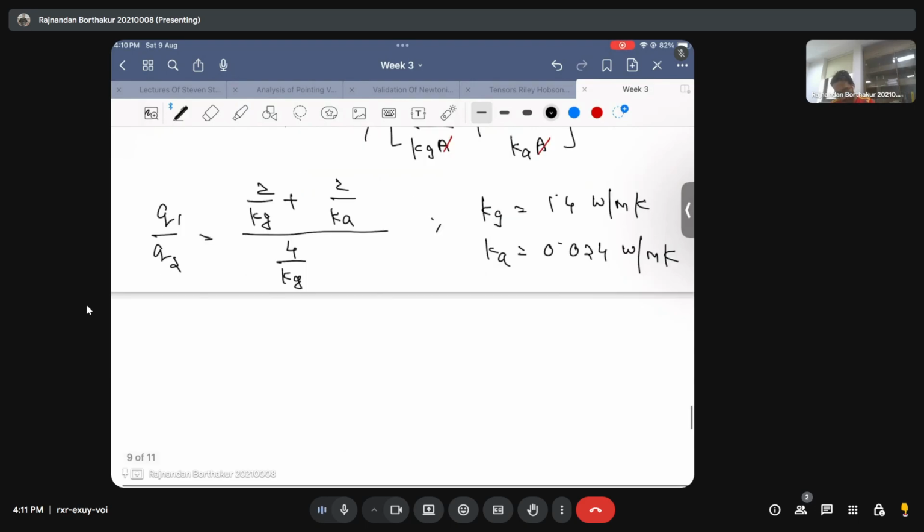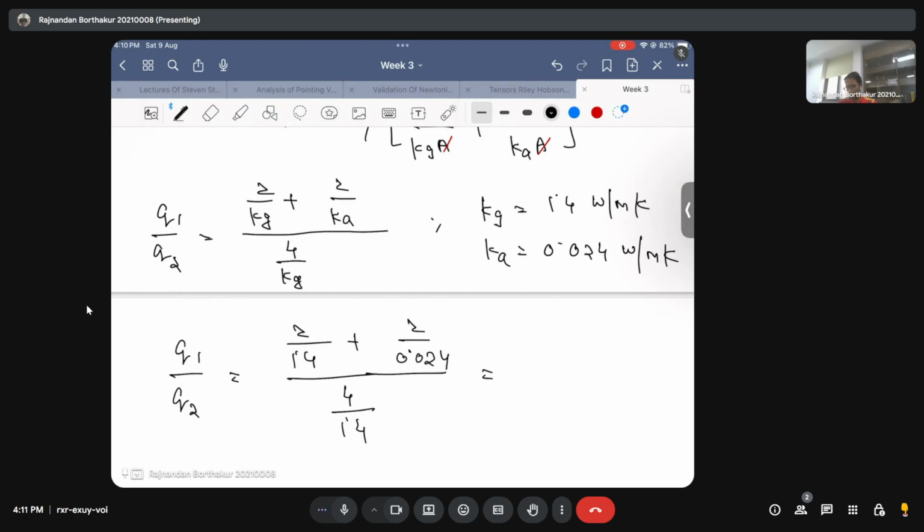So if you substitute the values, Q1 by Q2 will be 2 divided by 1.4 plus 2 divided by 0.024, and then this is going to be 4 by 1.4. So let's do the calculation and see how much we get. Okay, I don't have a calculator with me.